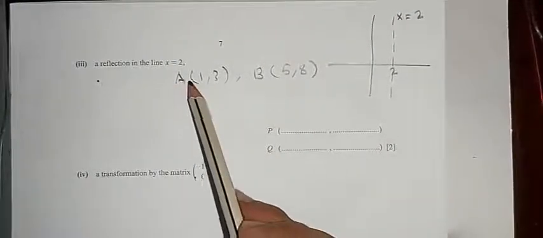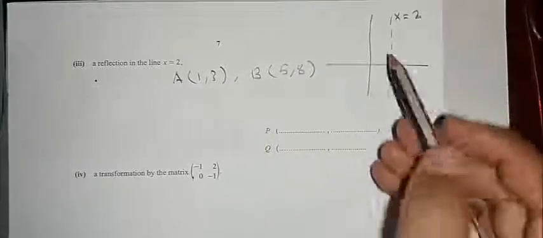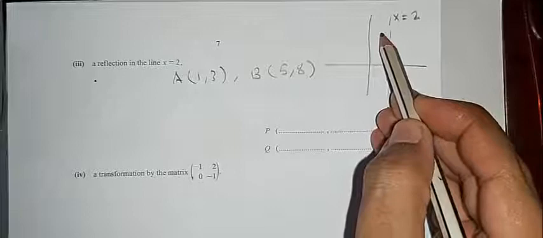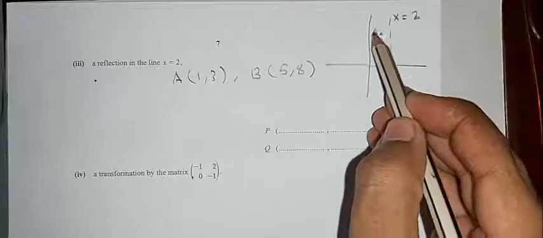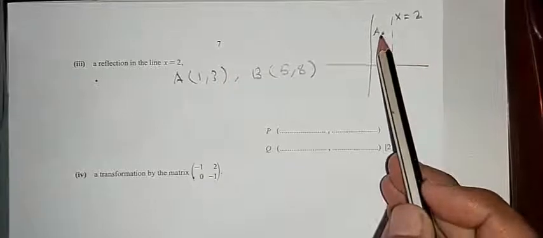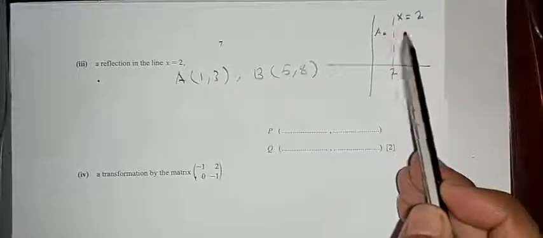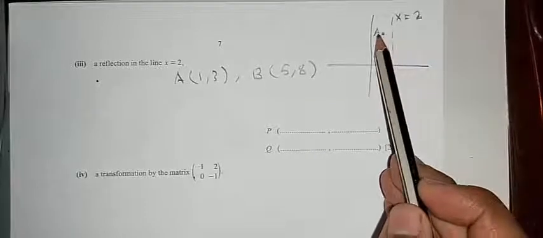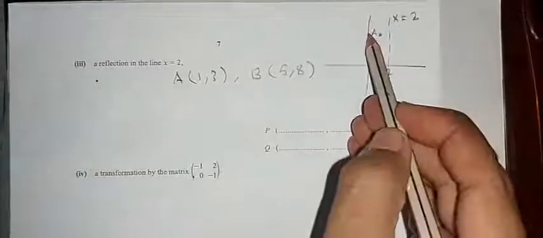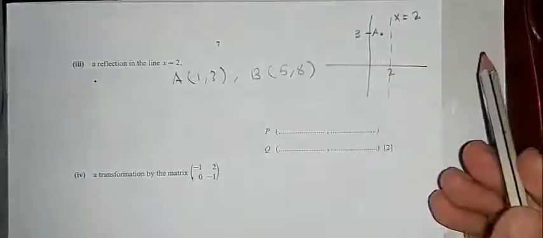Here the first point A, 1 and 3, you can find it here, okay. This is point A. Now if we reflect this point in the line x equals 2, the y coordinate, which is 3 here, will not change, okay.